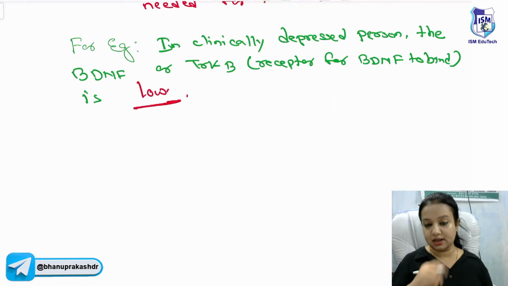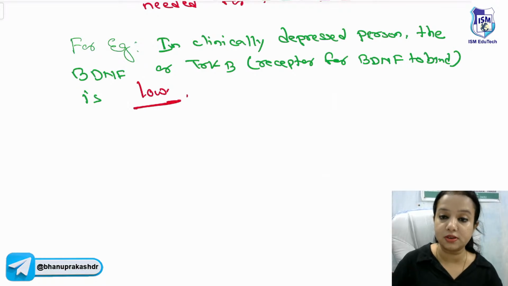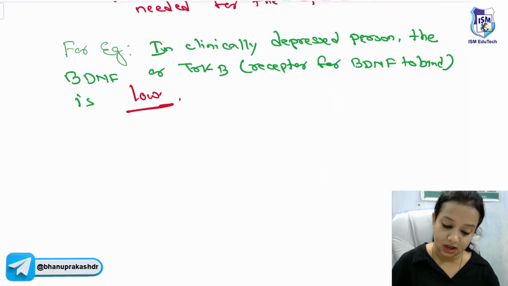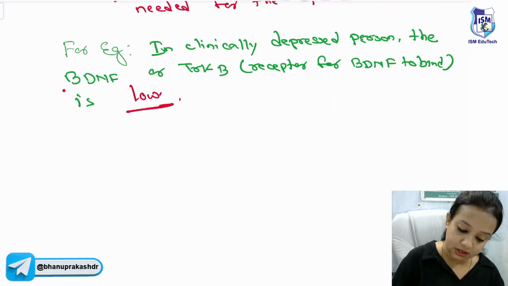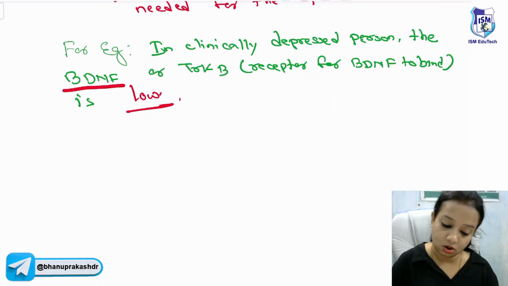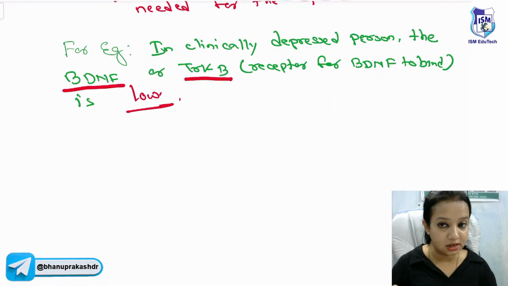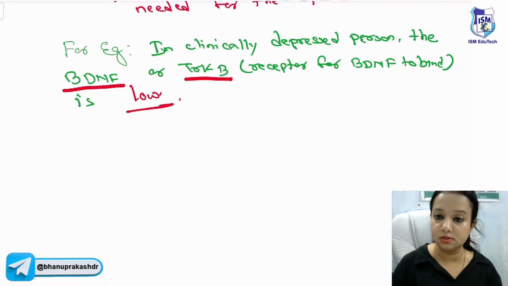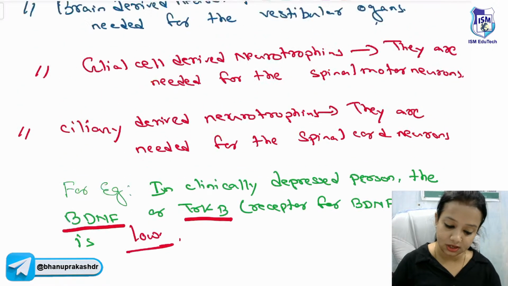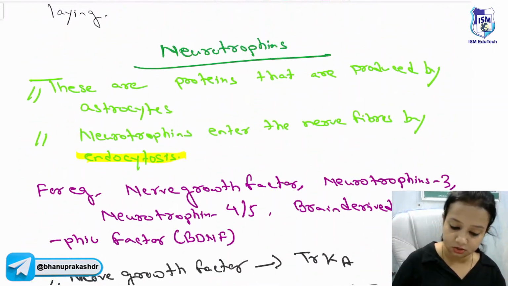So, in a person suffering from clinical depression, either the brain-derived neurotrophic factor or the tyrosine kinase B receptor, their concentration or quantity is not correct. It is below normal. Okay, this is a clinical condition related to that.